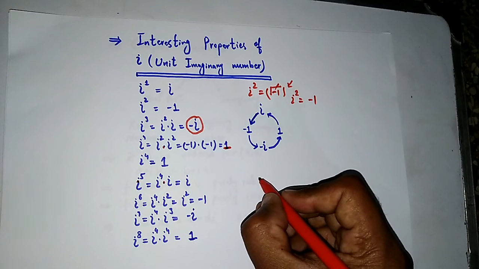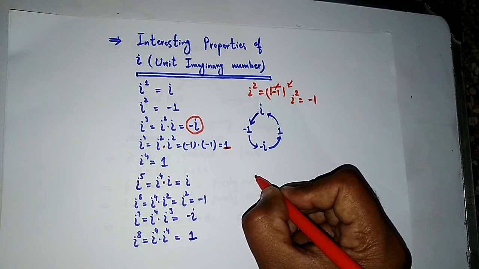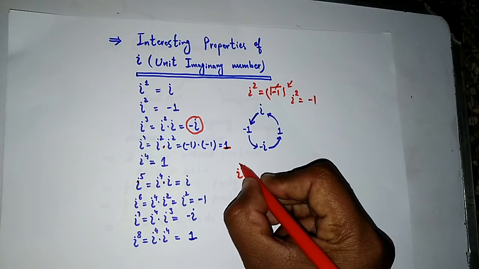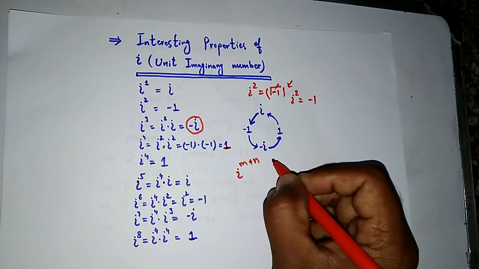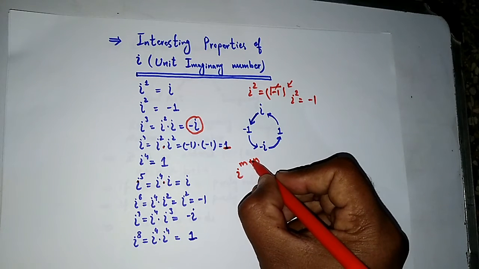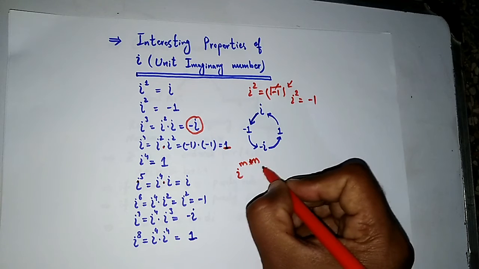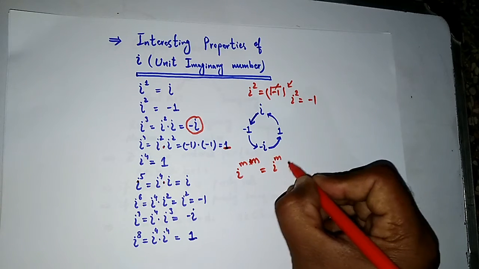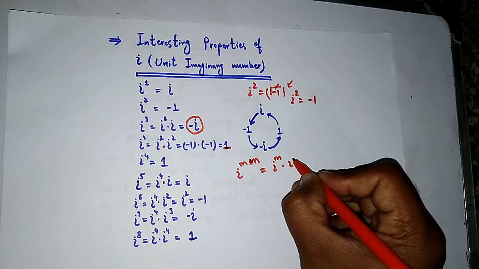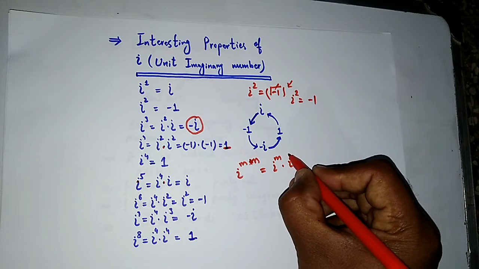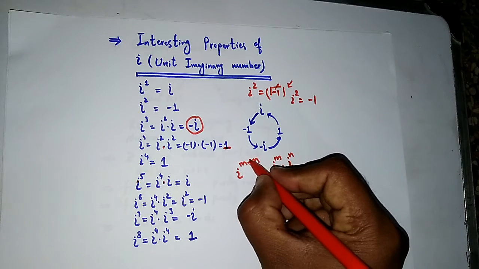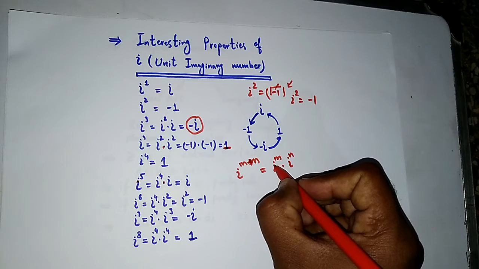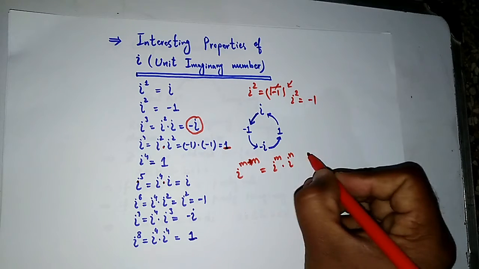We know that by the formula of multiplication, if we have a number like iota power m plus n, we can write it as iota power m dot iota power n.